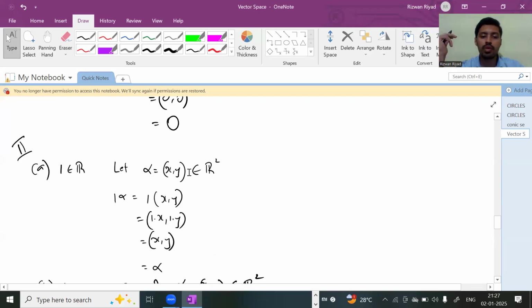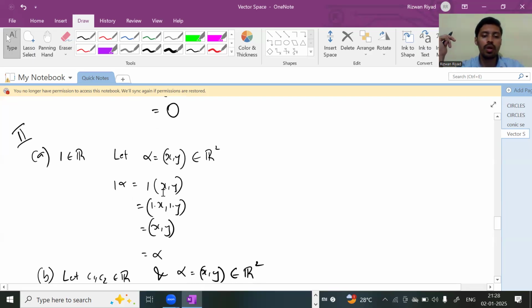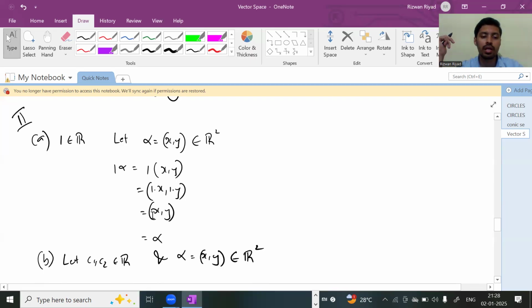Take any alpha, (x, y) belongs to R square. You can see 1 alpha means 1 into (x, y), that means (1x, 1y). You can multiply them separately. 1x is nothing but x only, 1y is nothing but y only. So (x, y) itself you will get, that is nothing but alpha. So 1 alpha is alpha itself.